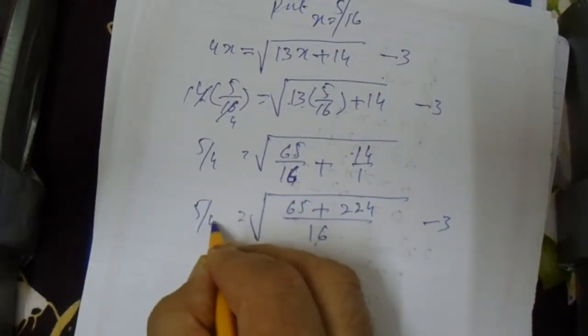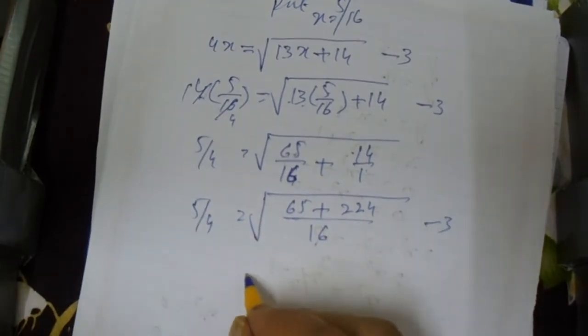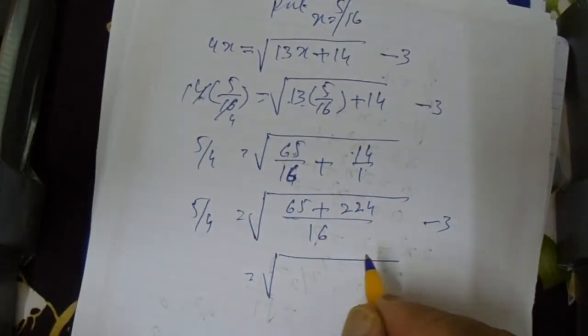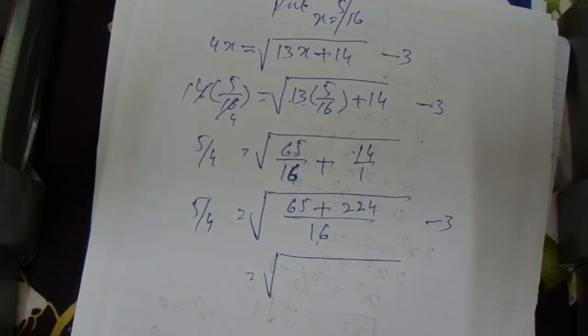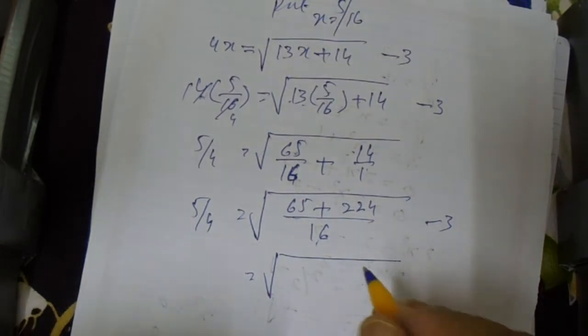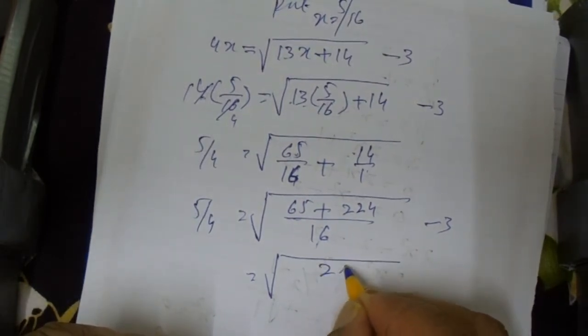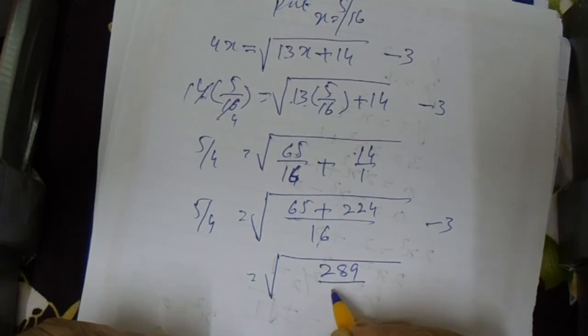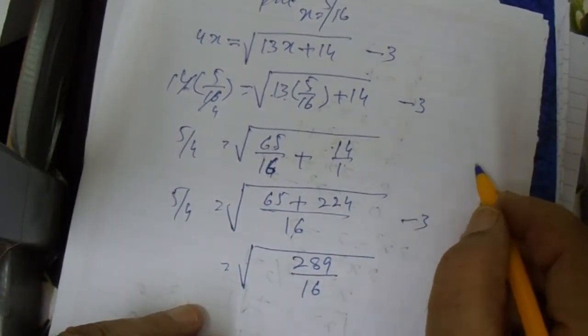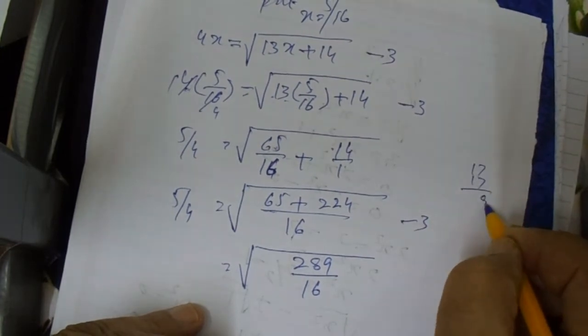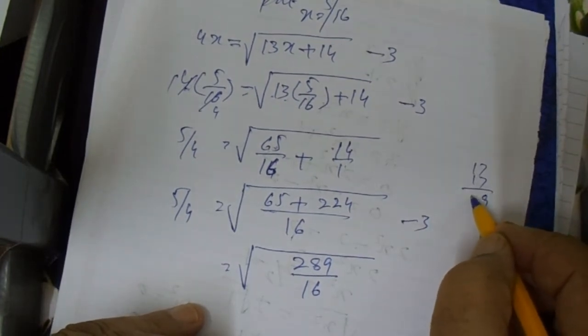Again 5 by 4 is equal to 224 plus 65, sorry, plus 65 is equal to 289 over 16, and we get 17 over 4.